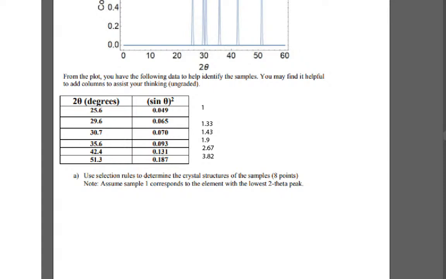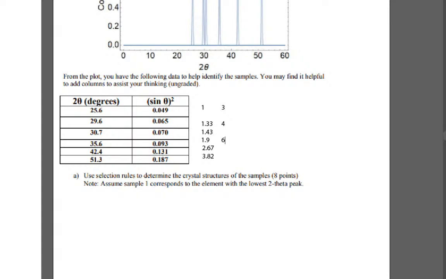We can just first multiply the thing by 3. So that is like around 4. 1.43, that is a weird number. 2, we could say that's 6. 2.67.